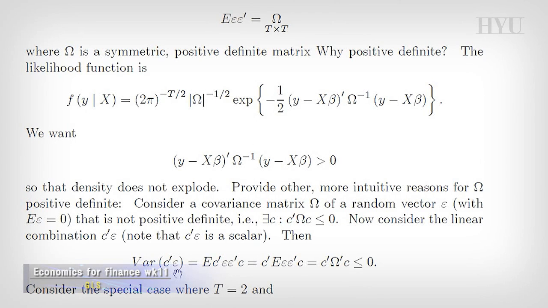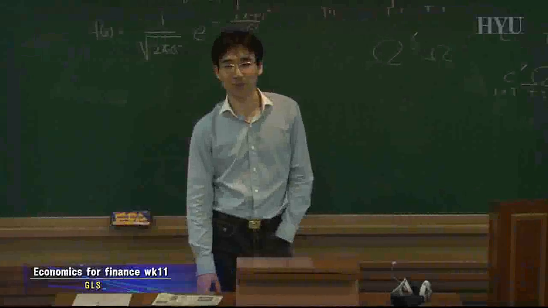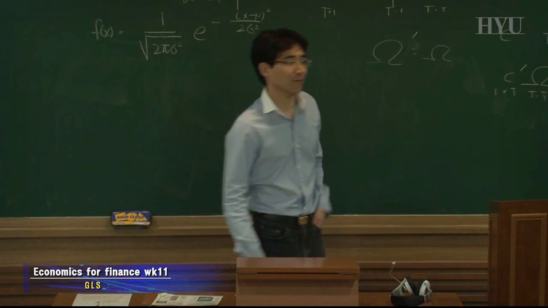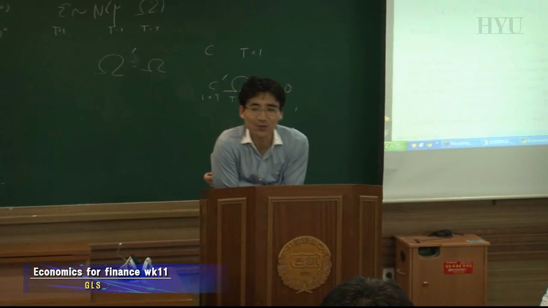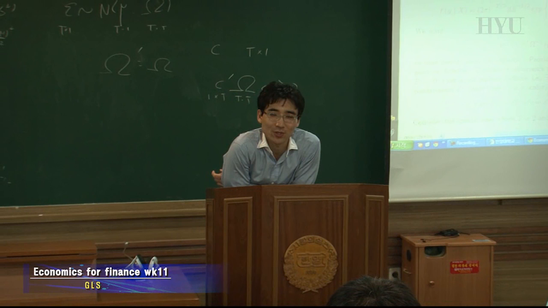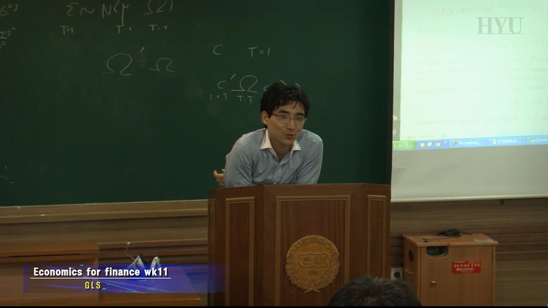The variance of c' epsilon becomes less than or equal to 0. Is it possible that some variable has negative variance? No, right? Variance cannot be non-positive. Variance should be greater than 0. Therefore, Omega should be positive semi-definite. If it is not, there is a weird case where the variance of a random variable becomes negative or 0.